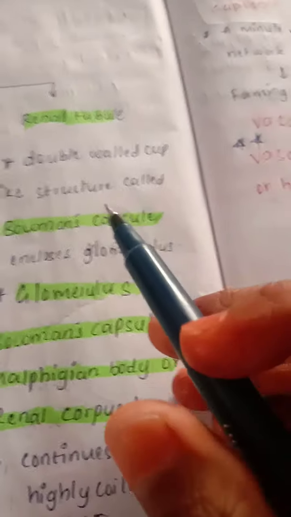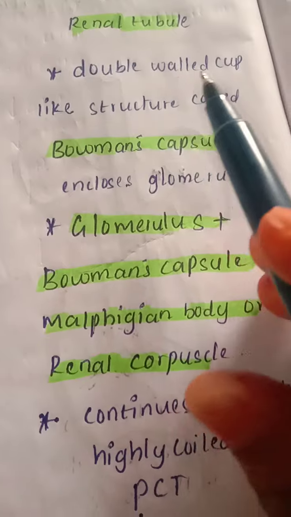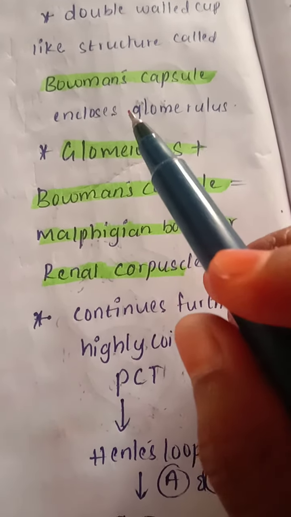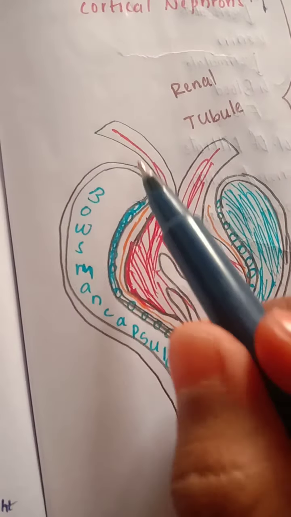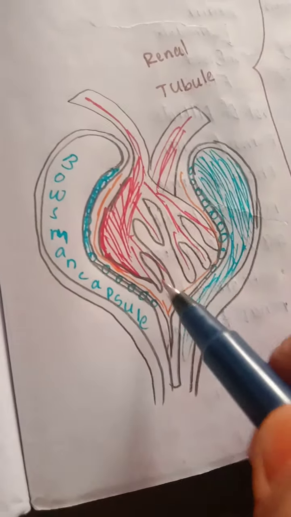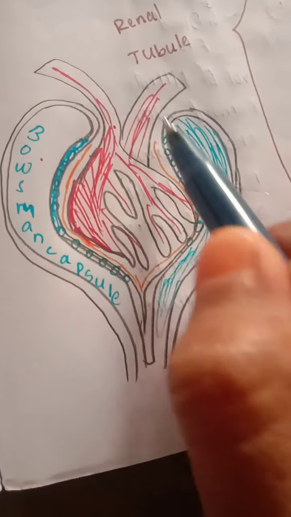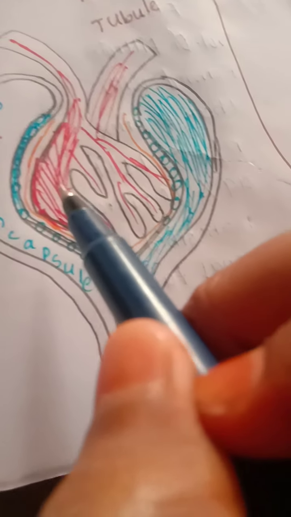Now let us discuss the renal tubule. Renal tubule begins with a double-walled cup-like structure called Bowman's capsule. It encloses the glomerulus. Glomerulus along with Bowman's capsule is called the Malpighian body or renal corpuscle.